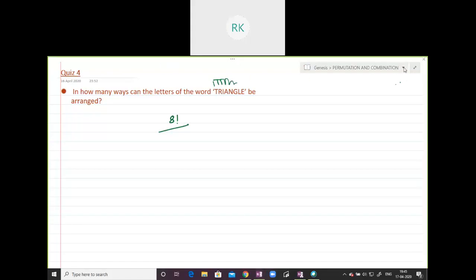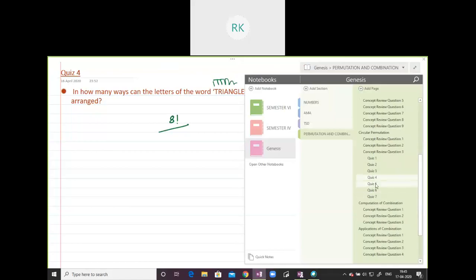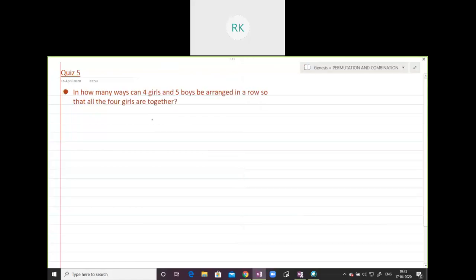Yeah, this one, what is the answer for this? In how many ways can 4 girls and 5 boys be arranged in a row if all the 4 girls are together? How many girls altogether? 4 girls. Keep them as one. Our boys must be separate, isn't it?